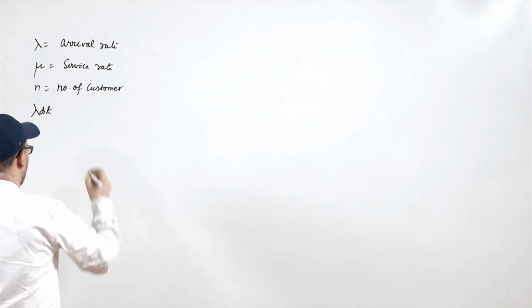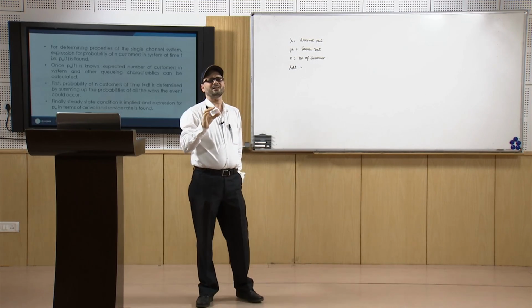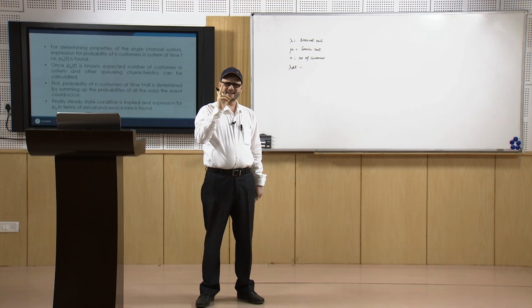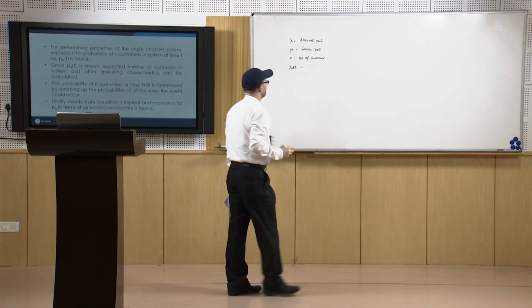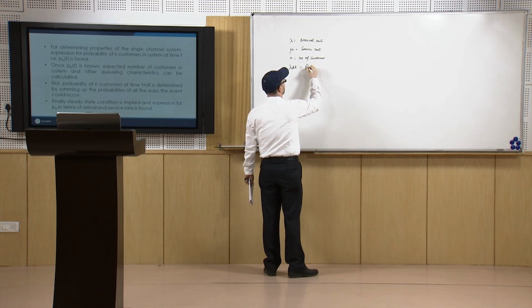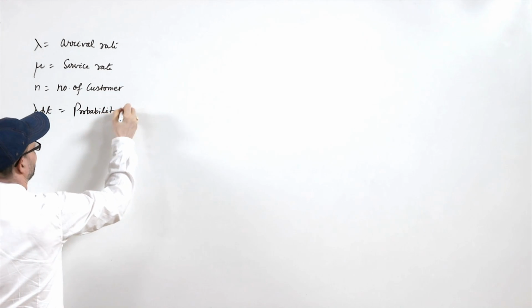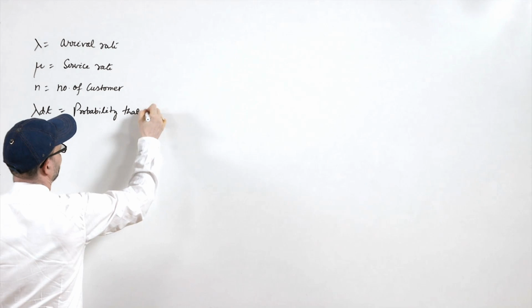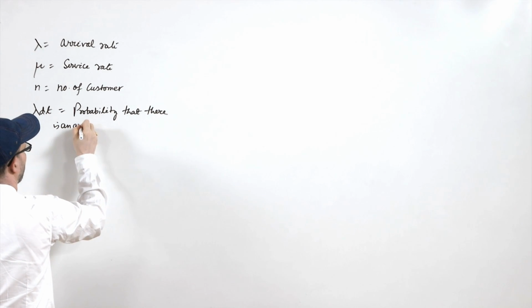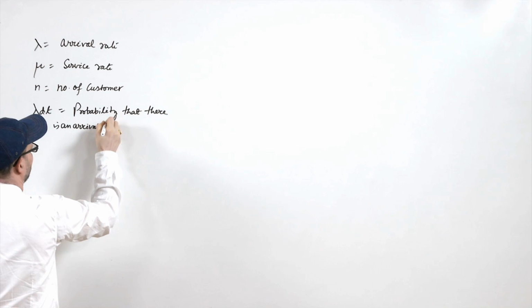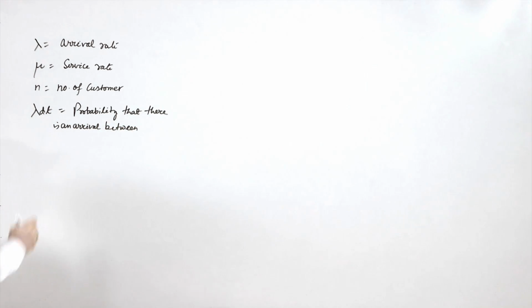Lambda dt is the probability that there is one arrival in the interval dt, between time t and t plus dt.